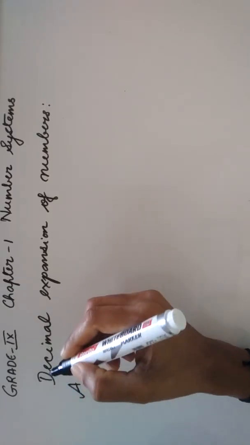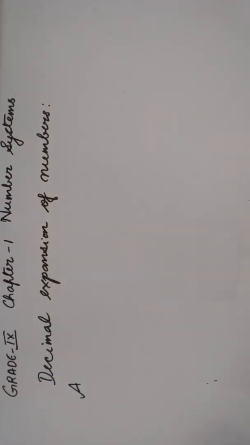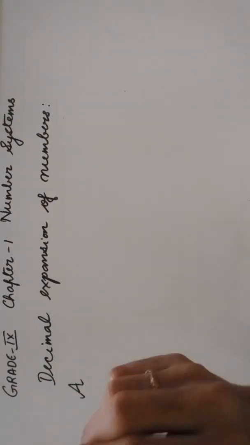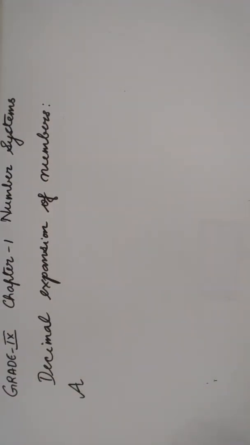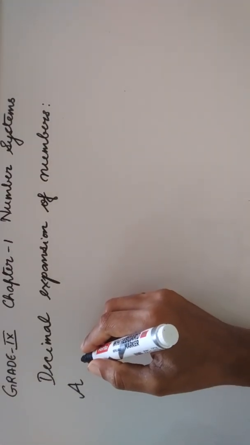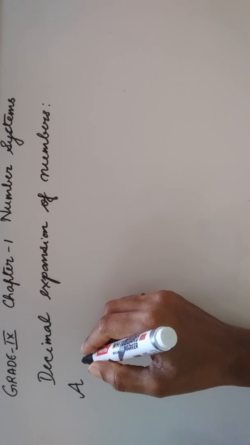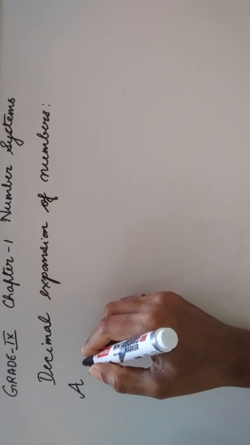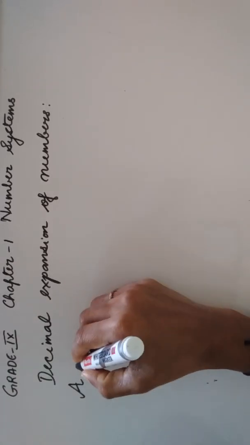A number is called irrational if it cannot be written in the form P by Q, where P and Q are integers and Q is not equal to 0. Just write down the definition of what is irrational.